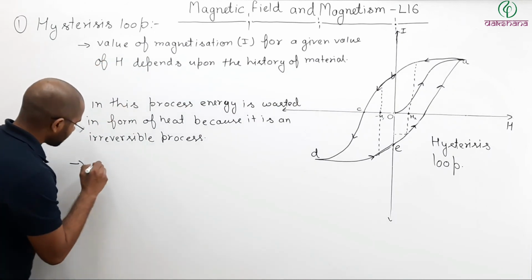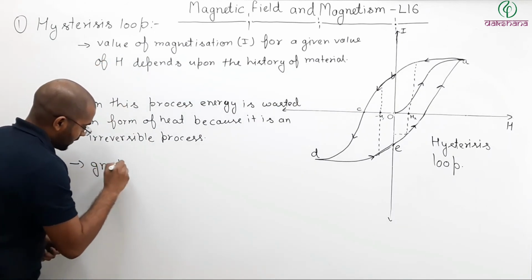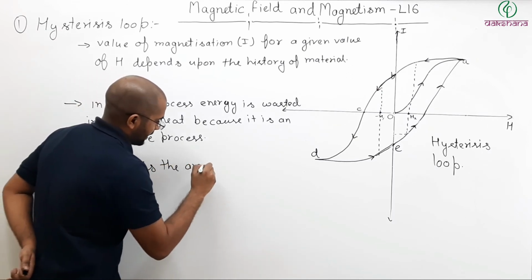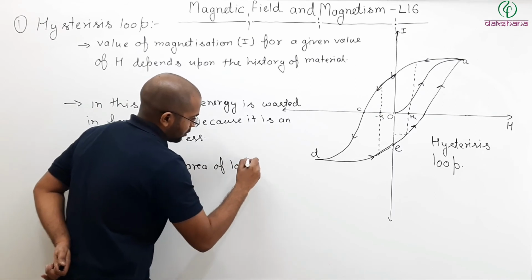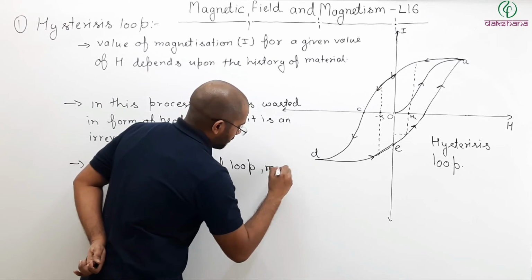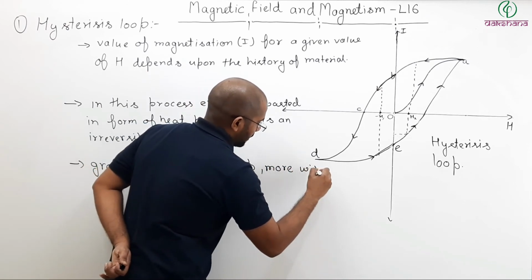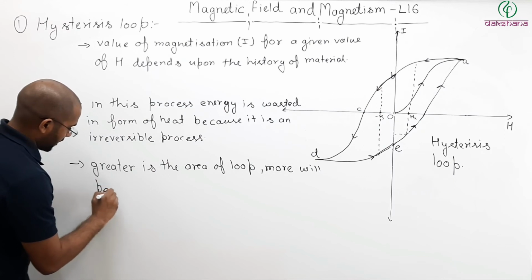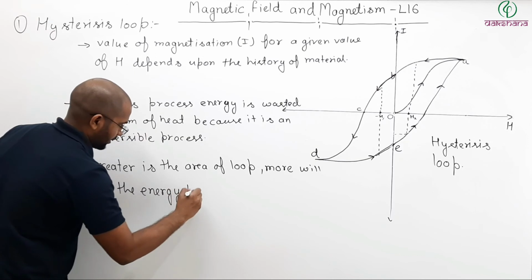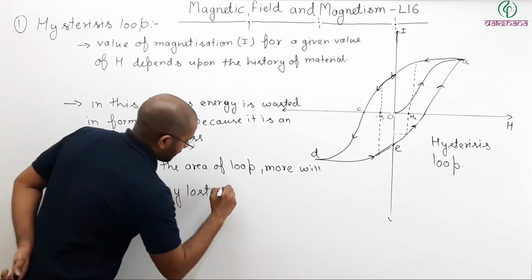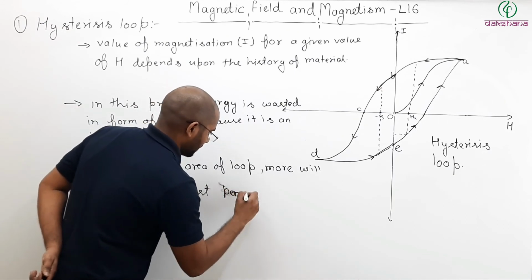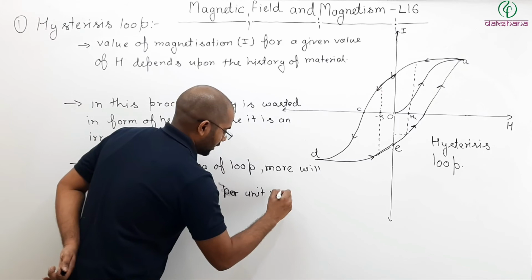So you can say that greater is the area of the loop, more will be the energy lost per unit volume.